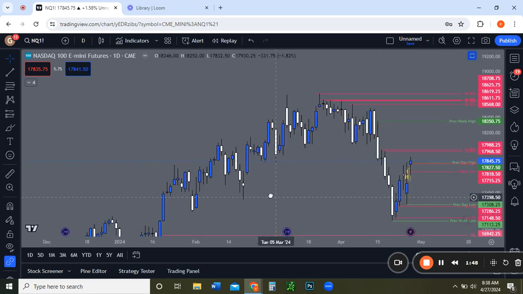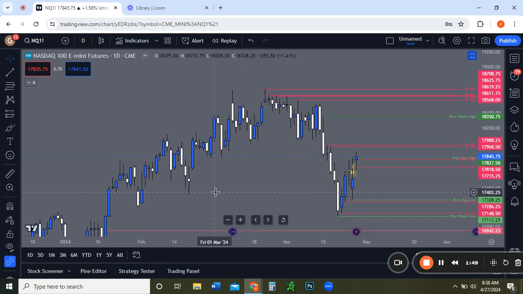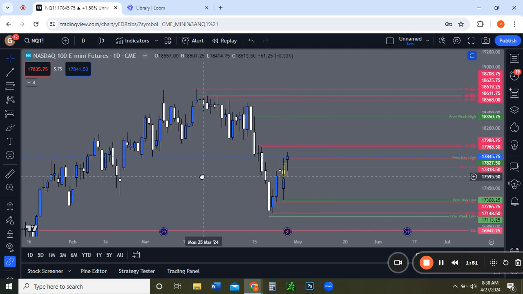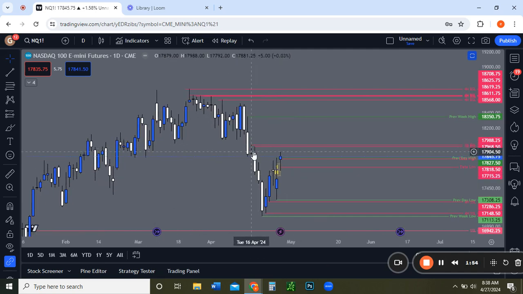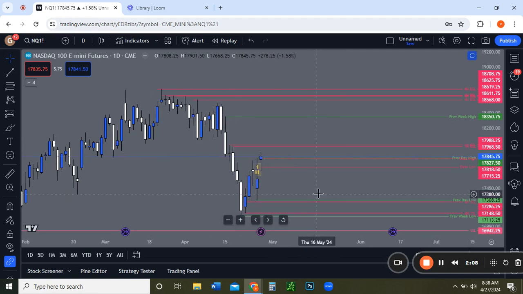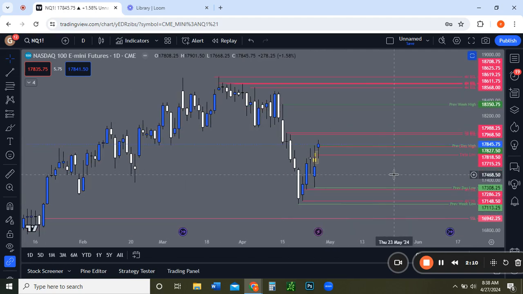Now, this is just solely to see where I think we could possibly hit. I'm going to have certain levels charted out. For example, here, I'm probably going to be like, okay, we're heading up. We're probably going to sweep these, then possibly do a little retracement and then back and forth. But always take a look at the bigger time frames just to see exactly where we're at.